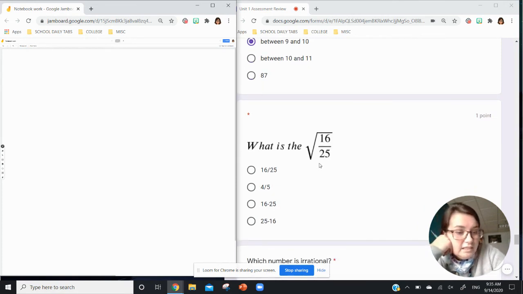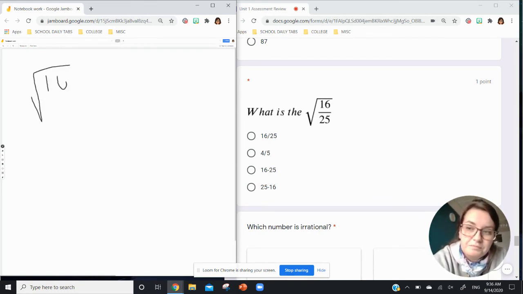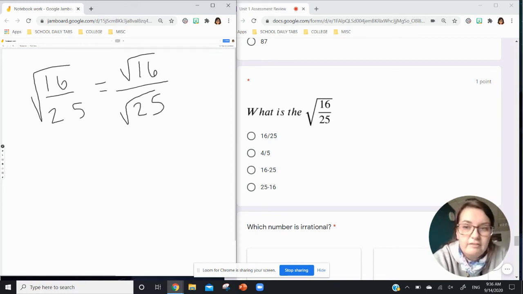Okay, these got a little tricky at times on this assignment. I had a lot of people asking me questions about this. So when you see a square root with a fraction, you just find the square root of each of them. So I'm just going to split these up. I have the square root of 16, the square root of 25.